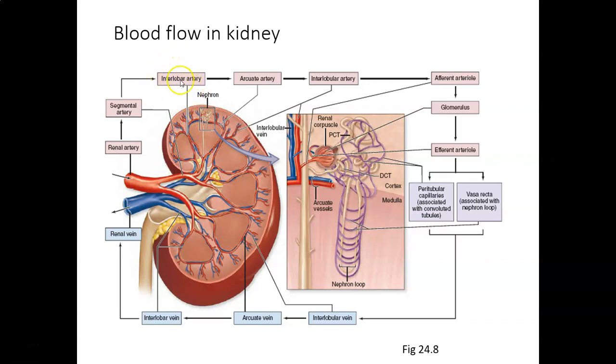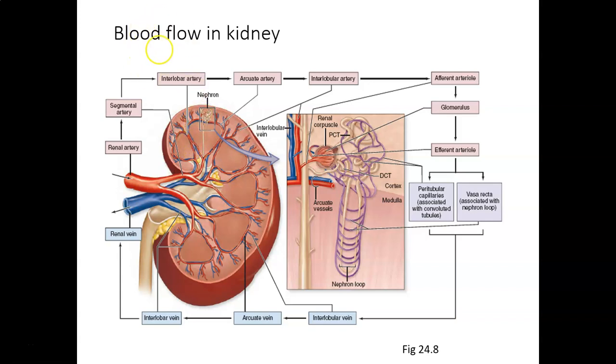So the first part is you're going to have the segmental artery, which you don't have a corresponding one in the vein, but starting from the interlobar artery, the one accompanying the interlobar artery would be the interlobar vein.